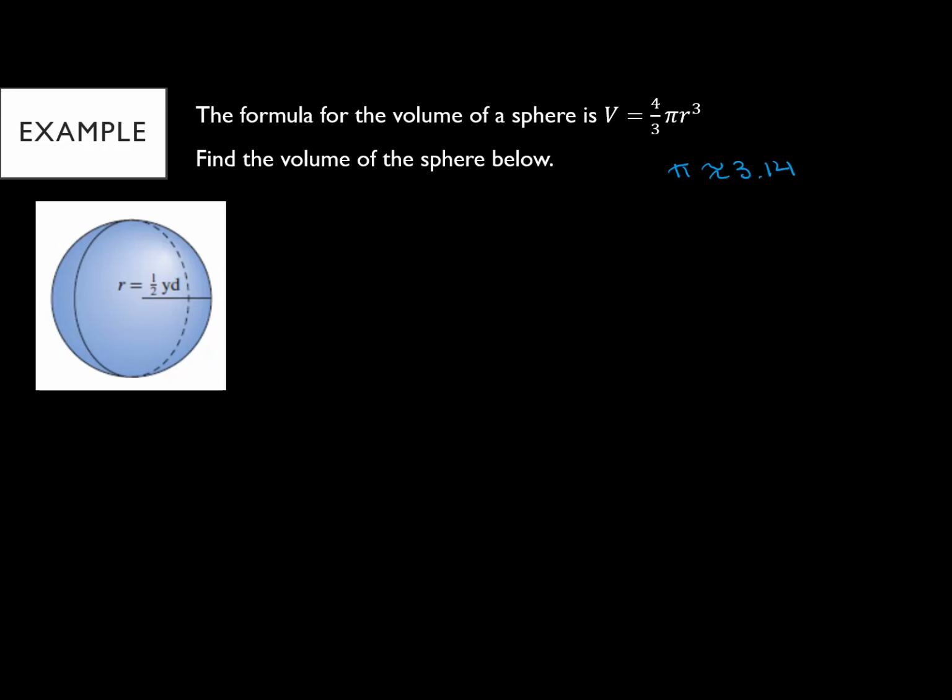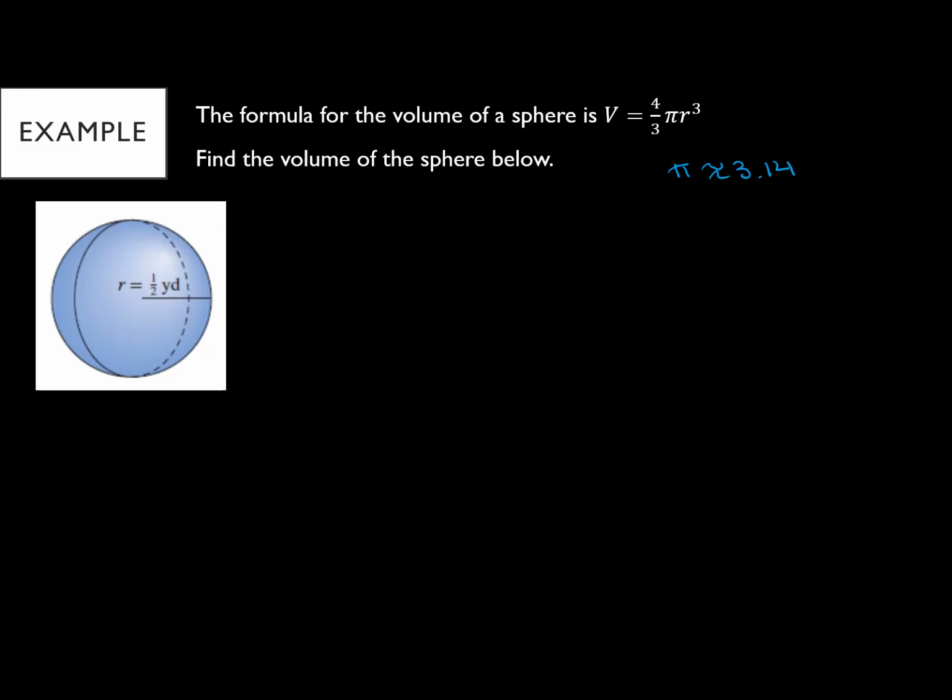Some calculators have a built-in button for pi, and then that will use as many decimals as they have calculated into the calculator. So my scientific calculator has a button for pi, and it gives me 3.141592654. So it has a lot more decimals there.